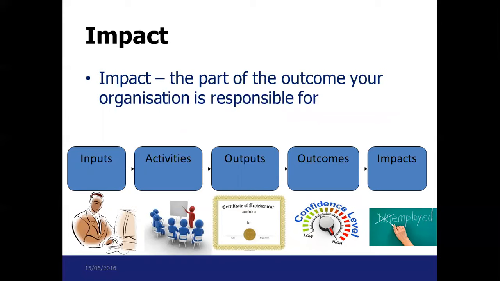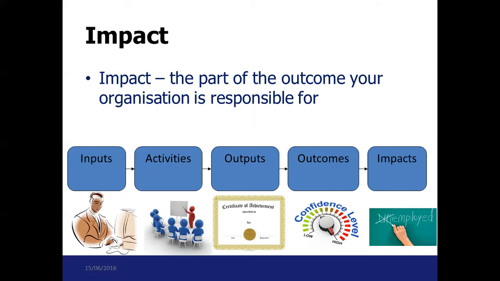So the inputs are the people, equipment, money and other resources that you put into your organisation in order to deliver your activities. So in this example, they're delivering a training session for some people. The output then is the number of people that complete that training session. So outputs is just talking about the numbers of people or the numbers of things that you achieve.